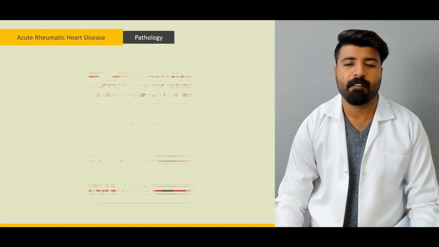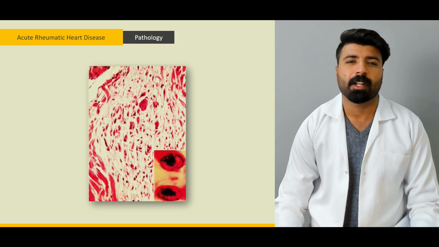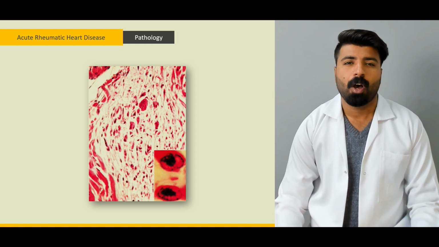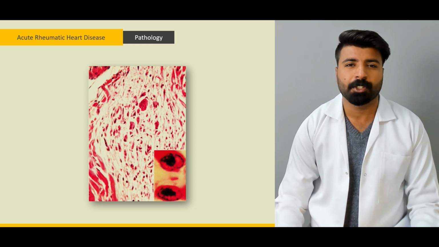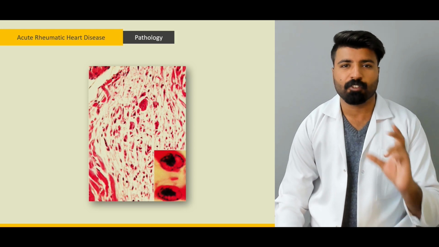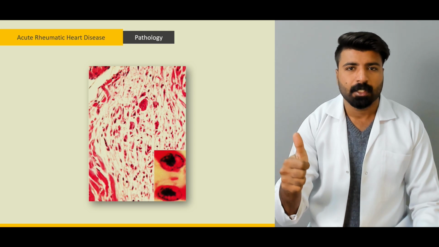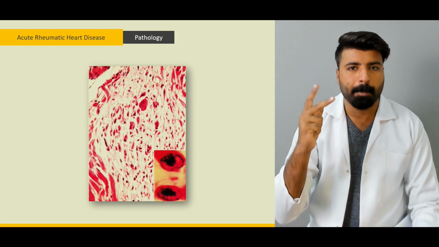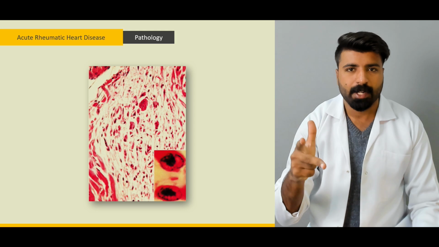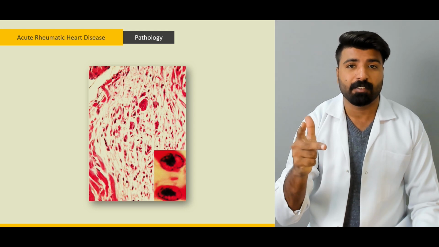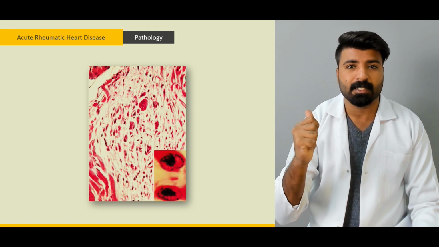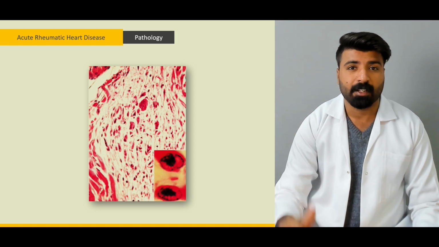Now, next we have the pathology of acute rheumatic heart disease. Before I go on to pathology, let me tell you that any layer of the heart can get affected. It can be pericarditis, endocarditis, or myocarditis. All of those layers can be affected.